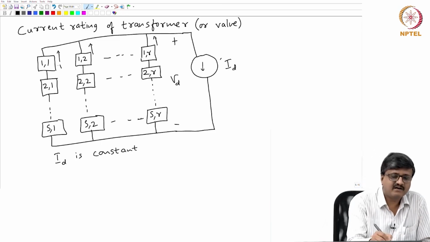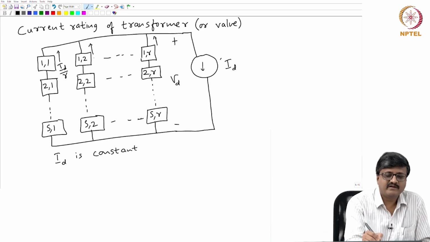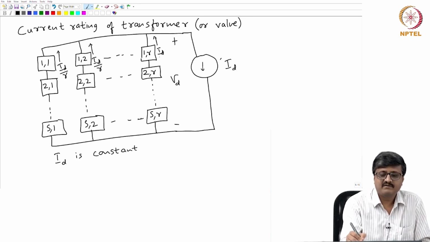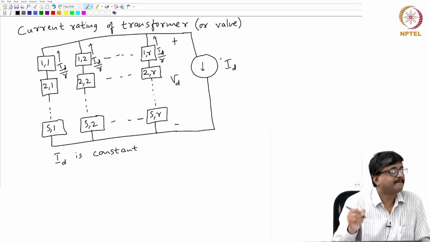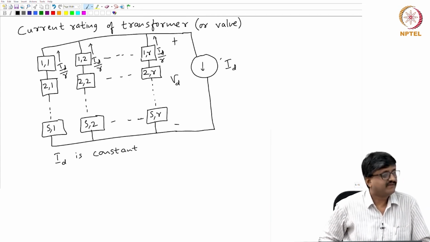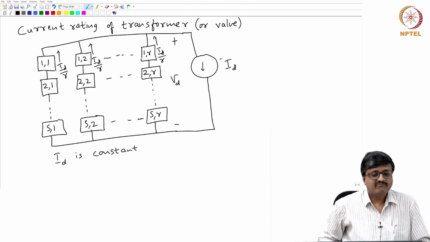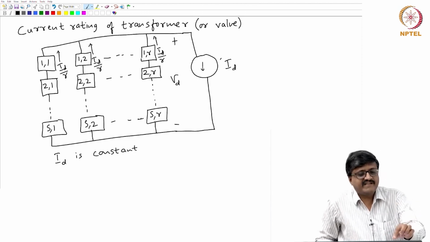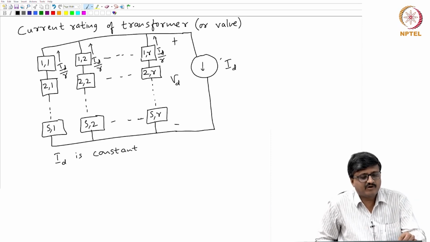Id by R. By symmetry, all the currents are equal. The same Id by R flows through all the commutation groups.